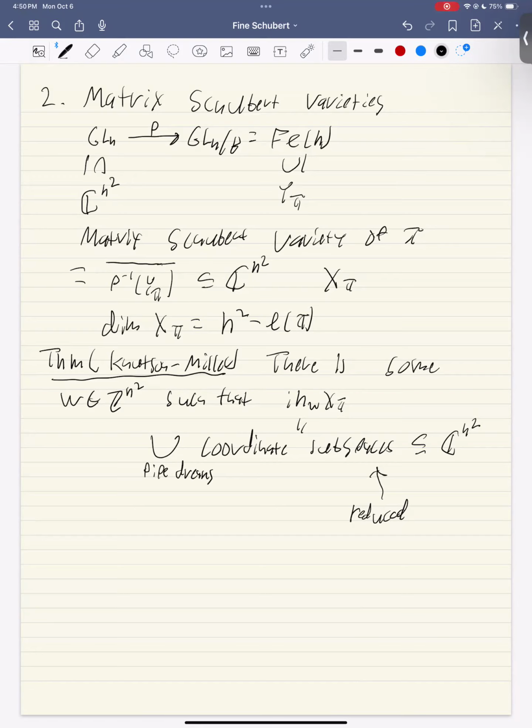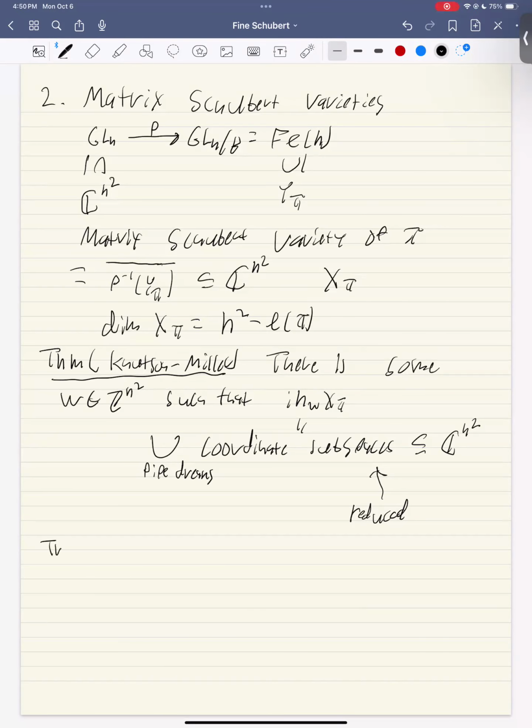So what they show is that for certain w, so there's some explicit condition, when you initial degenerate X_pi with respect to that w, you get a reduced union of coordinate subspaces, and they say exactly what happens. Exactly what the definition of a pipe dream is will not be super important, but they completely describe the degeneration.